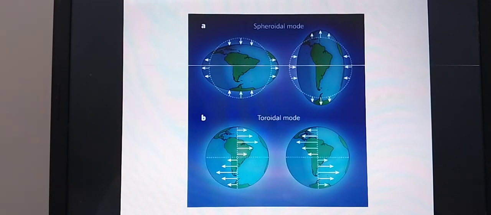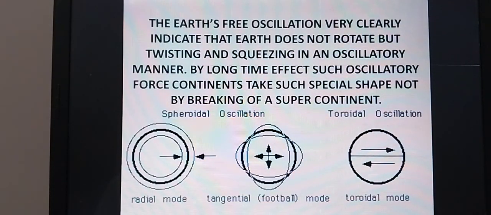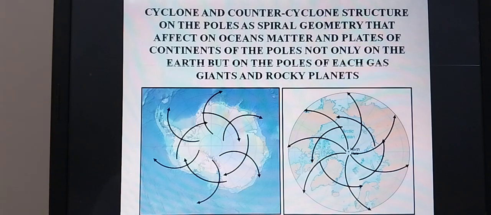So this is the spheroidal mode and toroidal mode oscillation of the Earth. The Earth's free oscillation very clearly indicates that the Earth does not rotate, but twists and squeezes in an oscillatory manner. By long time effect, such oscillatory force on continents gives them such a special shape, not by breaking of any supercontinent.